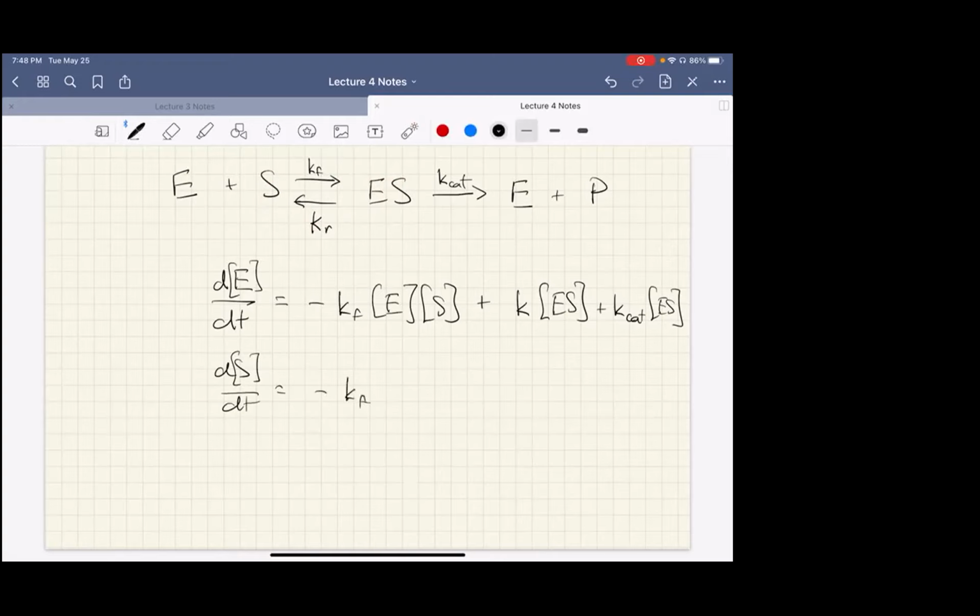Negative KF E S. I gain S through the backwards reaction here. Sorry, this should be up here. This is KR, so KR ES, and I don't get S going this way. So that's the only way I can get S. So that's it.